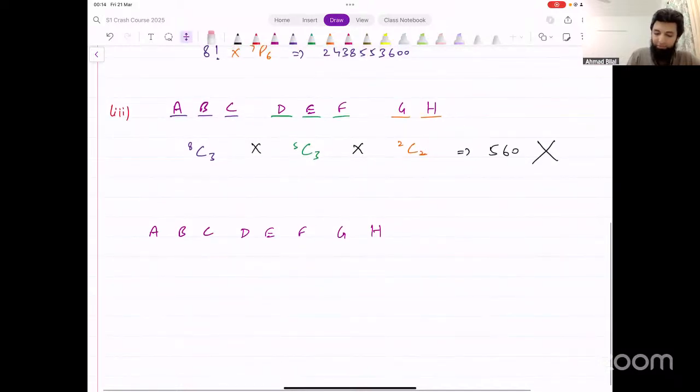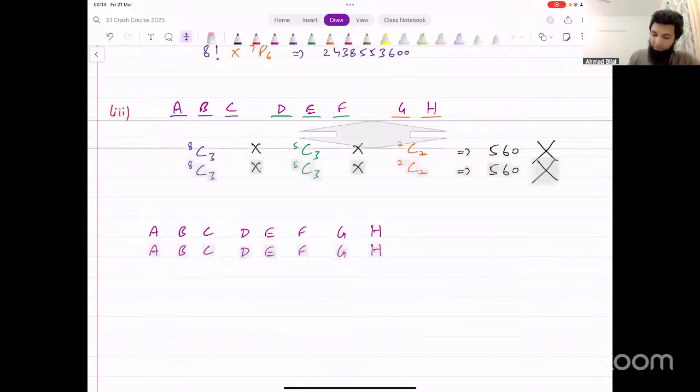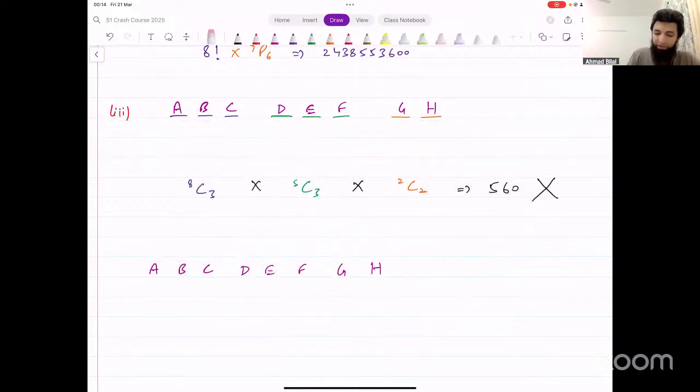Let's say we have another grouping that looks like this: D, E, F, A, B, C, G, H. Now, this 560 is counting these two groupings as two different groupings.